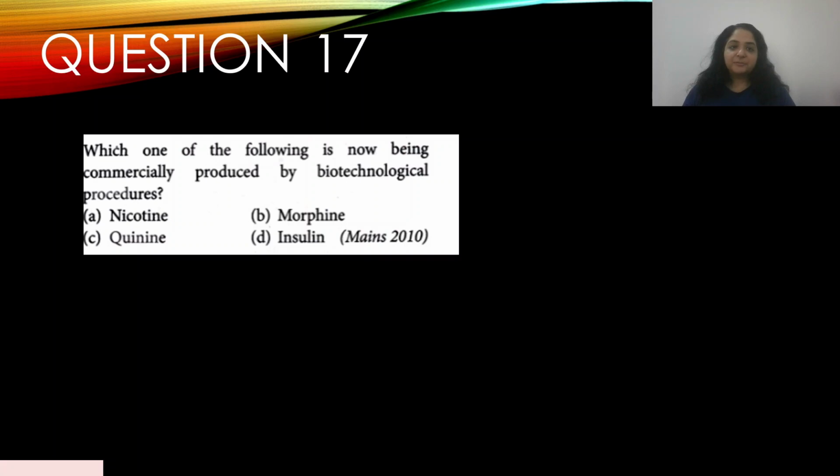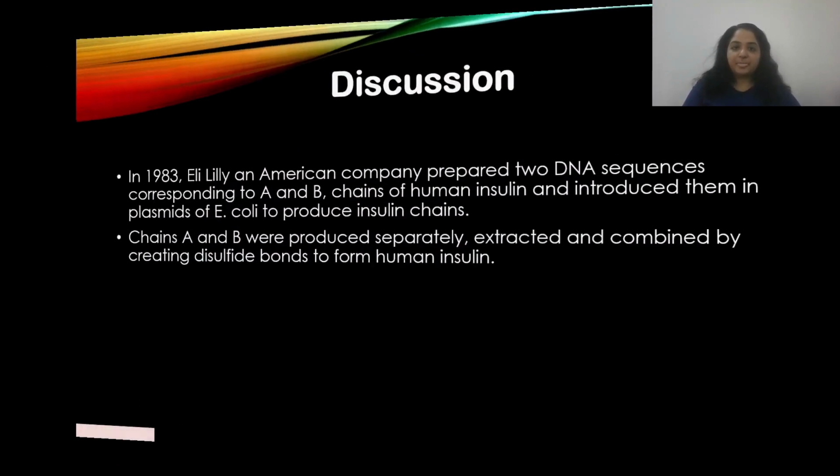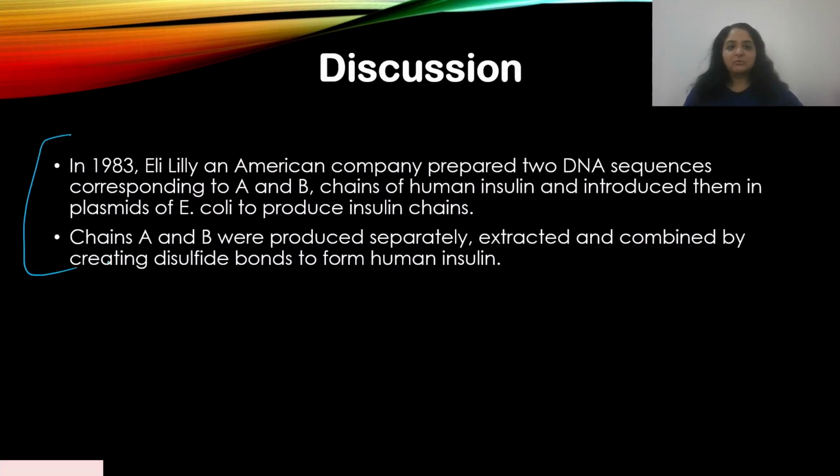Question number 17. Which one of the following is now being commercially produced by biotechnological procedures? This appeared in Mains 2010. A. Nicotine, B. Morphine, C. Quinine, and D. Insulin. Insulin is now being commercially produced by biotechnological procedures. The answer is D. Eli Lilly, an American biotechnology company, in 1983 managed to produce insulin, and it is now also sold commercially.